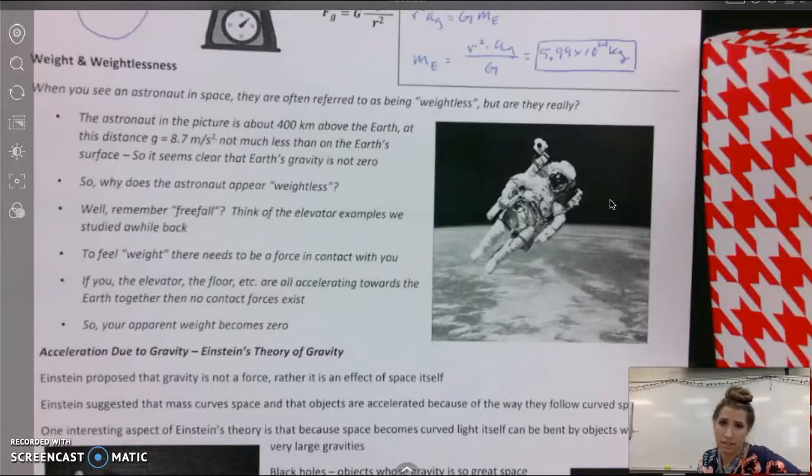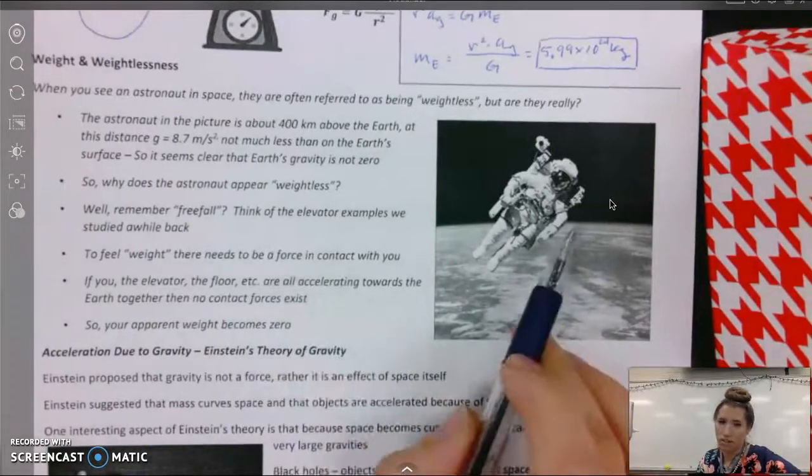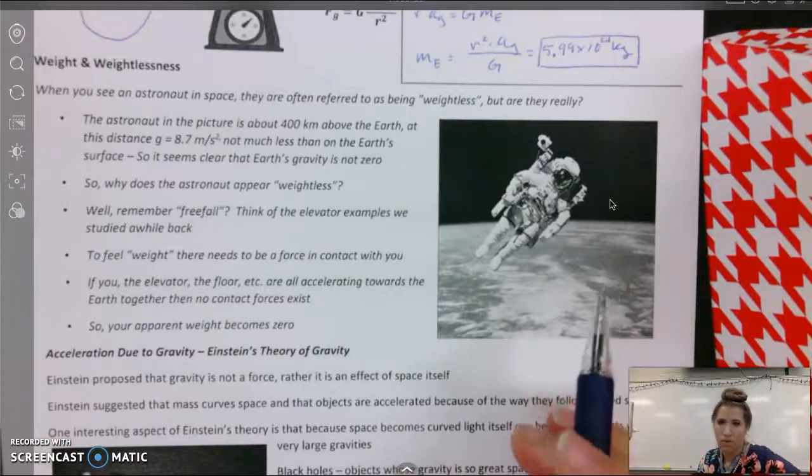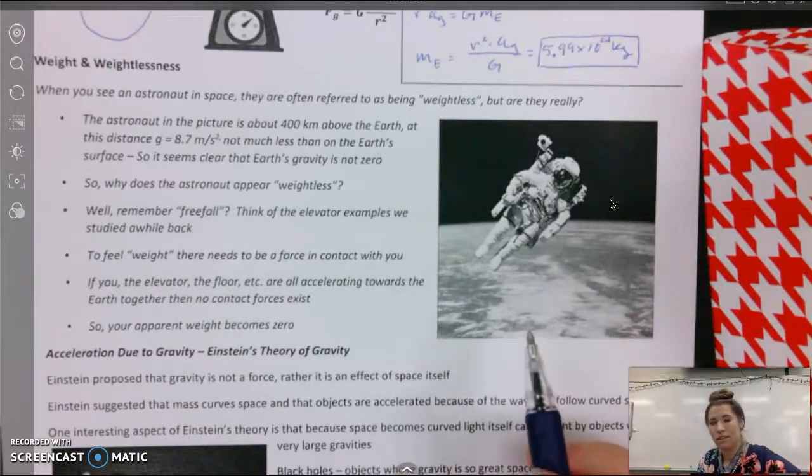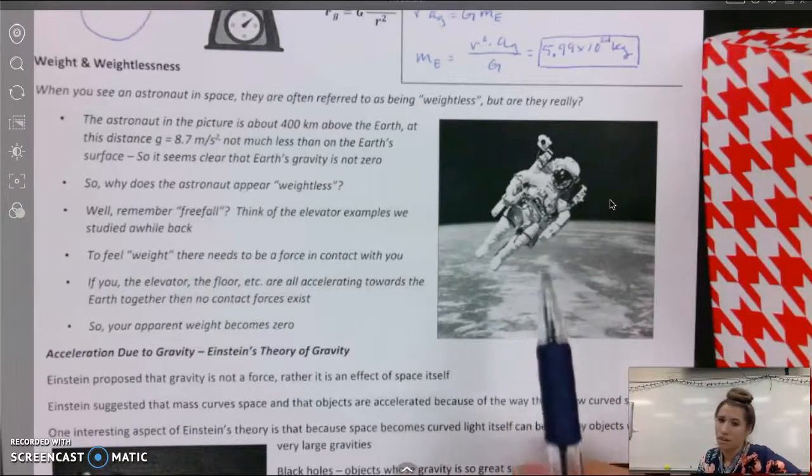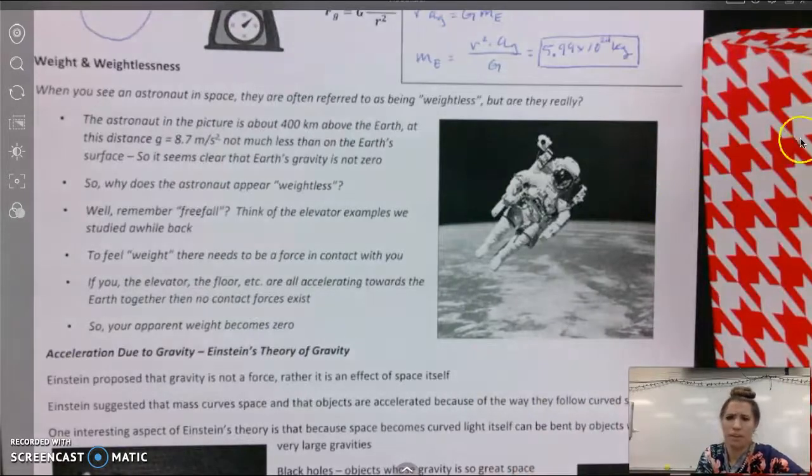That's what weightlessness is. It doesn't mean that you don't have mass, and you still have a force due to gravity. You just don't have a normal force pushing back up on you so that you register that. So what's actually happening with these astronauts out in the space station where they feel like they're weightless, it's not true weightlessness, meaning that there's no force of gravity acting on them.